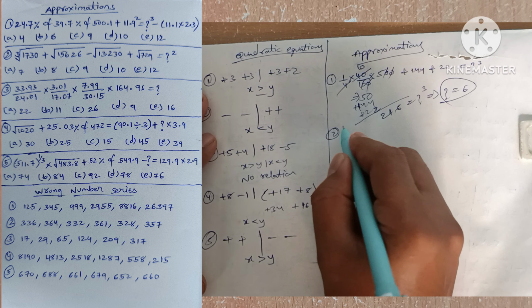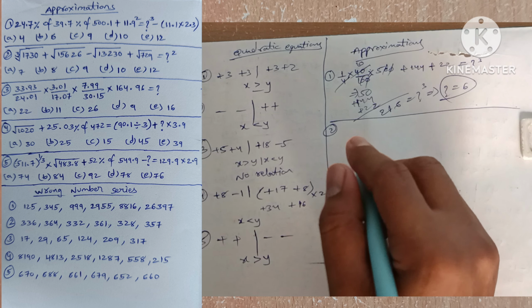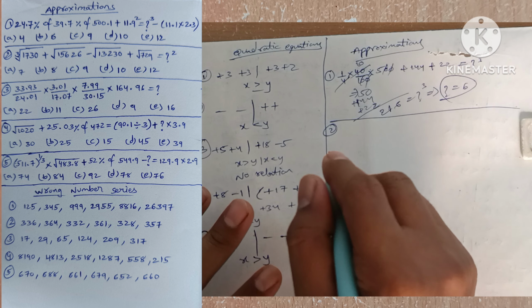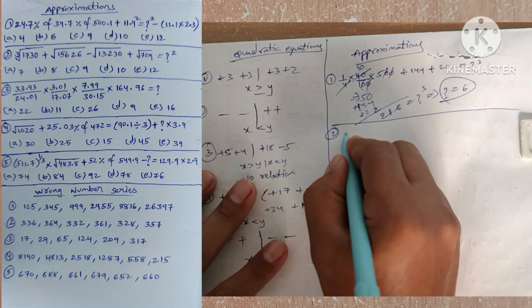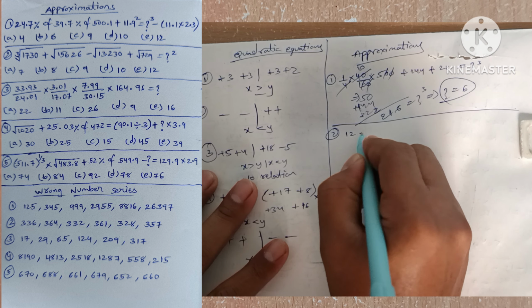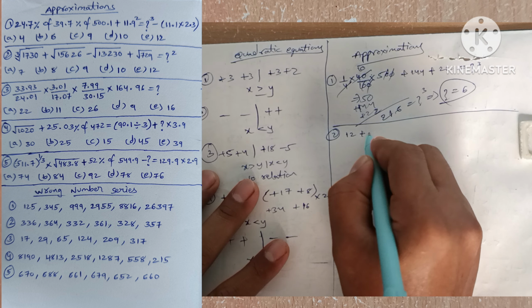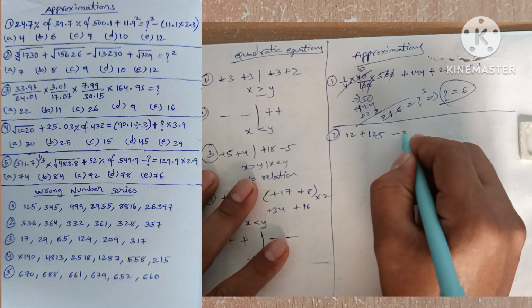Second one, cube root of 1730, which is nearly equals to 12 cube, plus square root of 156.26, means this is nearly square of 125 minus cube root, square root of 13230.